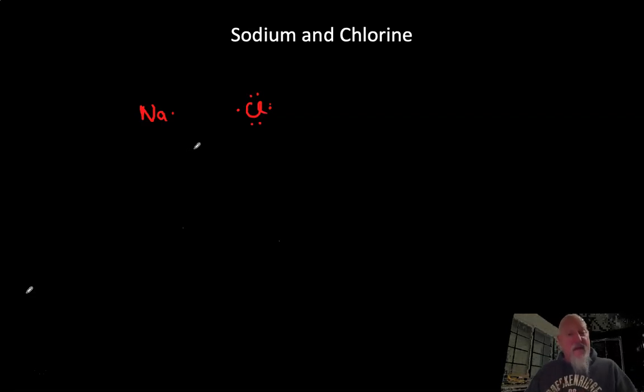And when these come together, the nonmetal is going to pull the electron from the metal. In doing so, the sodium has lost an electron, so it's got one more proton than electron, so it's become an ion. And chlorine has gained an electron, so it now has one more electron than proton, so it's negatively charged.